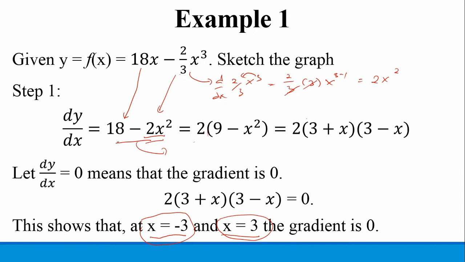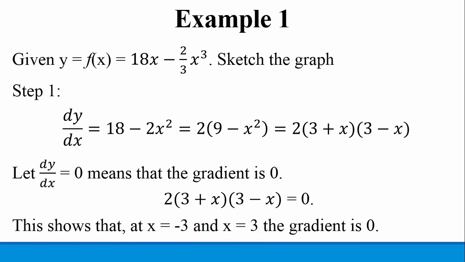When you find these, you assume that dy per dx is equal to 0. After you differentiate, you set it equal to 0, and then you will get x equals negative 3 and x equals 3.